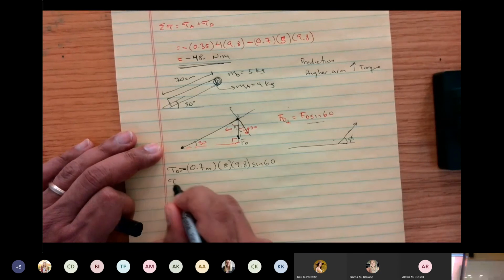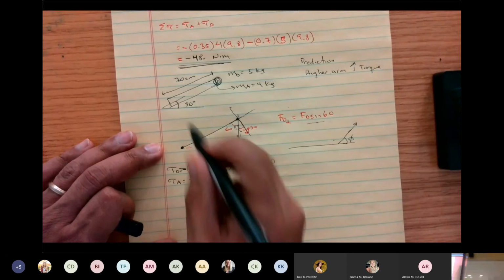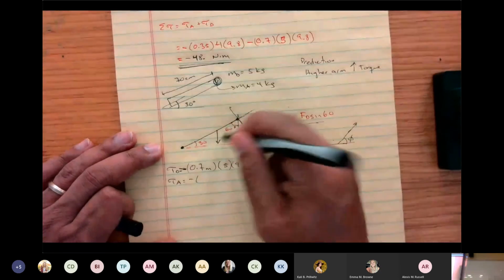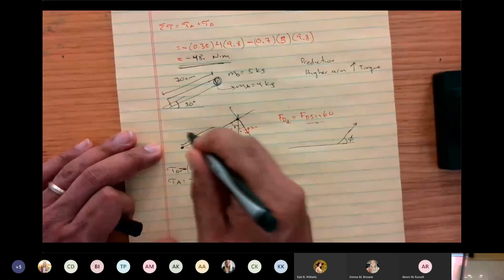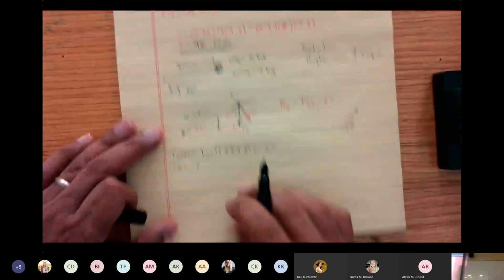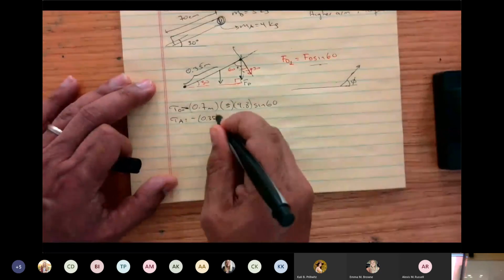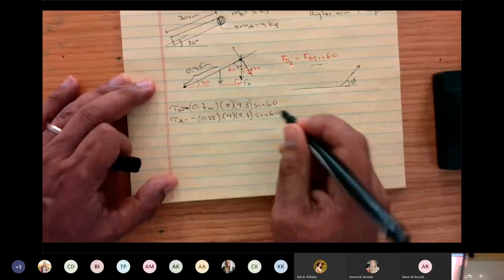And the torque of the arm is very similar, but now the distance is 35 centimeters. So we're gonna have 0.35 meters, 4 times 9.8, and here we're also gonna have sine of 60.